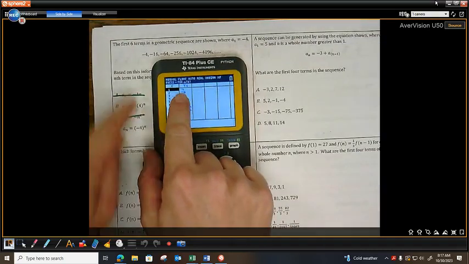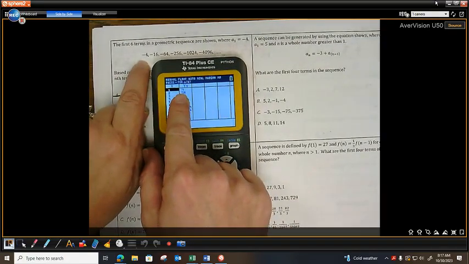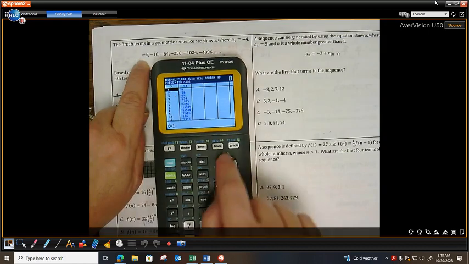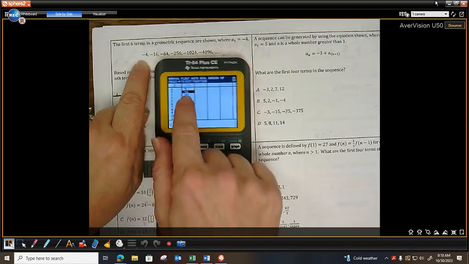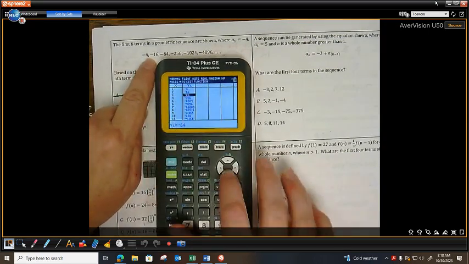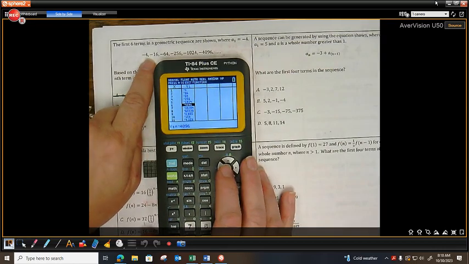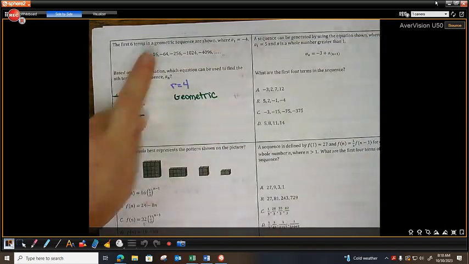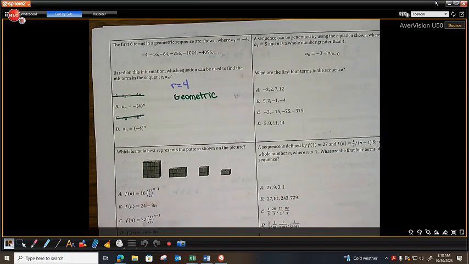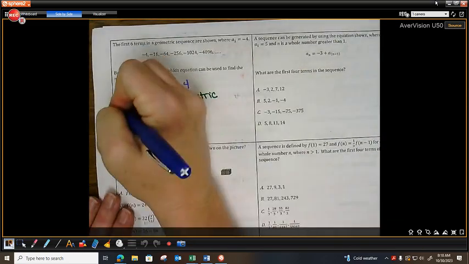Is my first term -4? Is my second term -16? Then -64, -256, and I should be saying negative, -1,024, -4,096. So what's my correct answer? B.